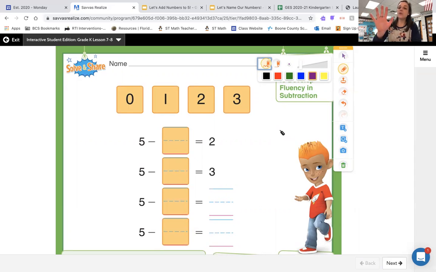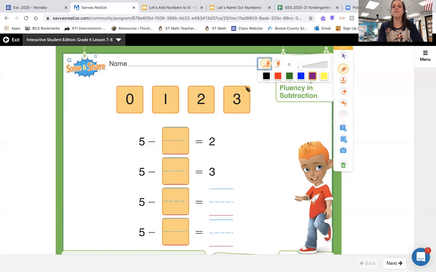So since we're breaking apart 5 into 2 groups, one of our groups has 2 in it. So put down 2 fingers. 1, 2. If we break 5 apart and we have a group of 2, how many are in our other group? 1, 2, 3. Good. So 5 take away 3 is 2 left over.